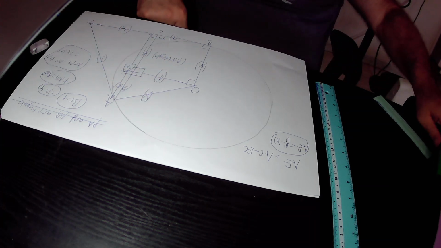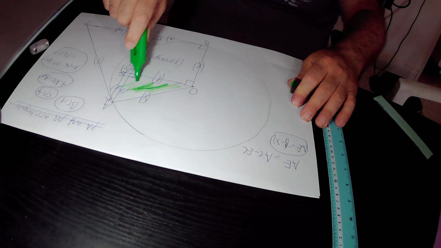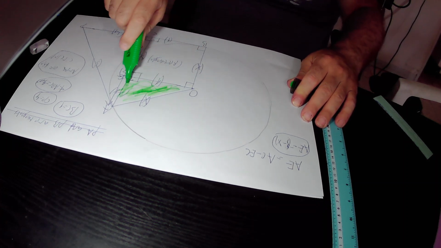So in the next step, I copy the right green triangle AOE in a new page, and we implement the Pythagoras theorem on this right green triangle AOE.